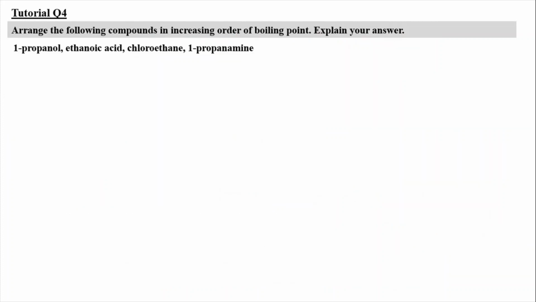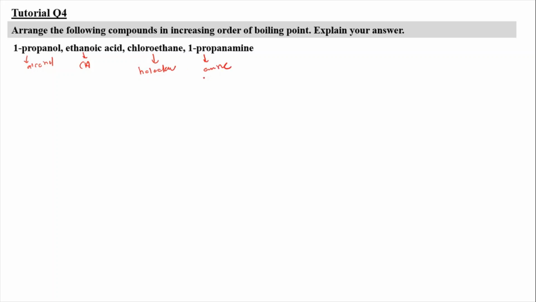Now for tutorial question 4, we have to arrange the following compounds in increasing order of boiling point. Explain your answer. As we can see here, 1-propanol is an alcohol, ethanoic acid is a carboxylic acid, chloroethane is a haloalkane, and 1-propanamine is an amine.